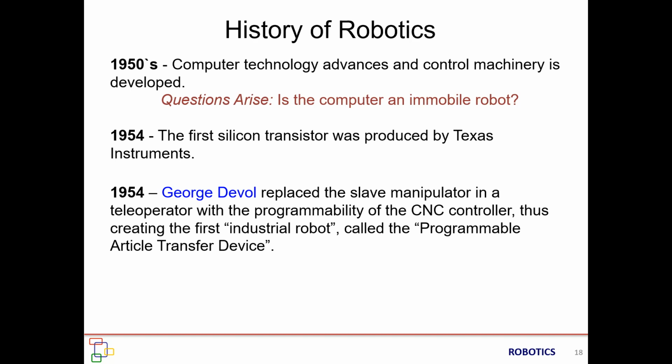Now you're going to watch a video which will show you how robotics has evolved in the very recent years. You'll be watching the video and trying to analyze it.